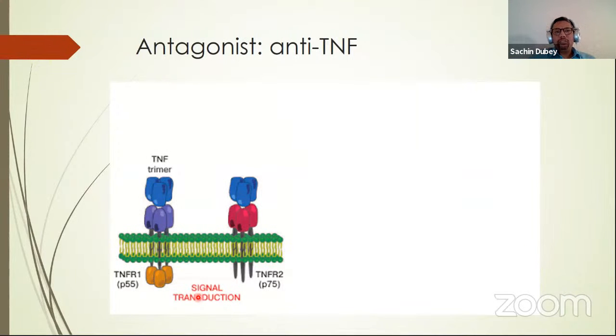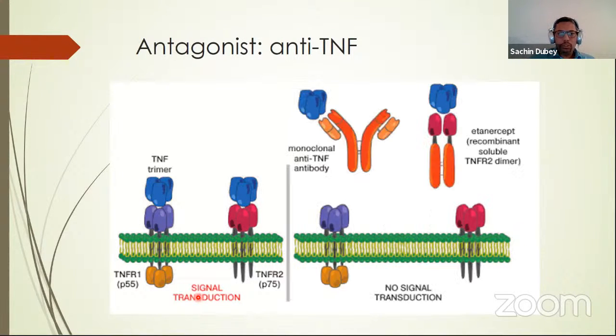Now, from an antagonistic point of view, what can we do to block this? We have several options available here, right? The very simple option would be we develop a monoclonal antibody which essentially interacts with TNF, right? So it interacts with TNF and then doesn't allow it to interact with TNF receptor. Yeah, that's the option.